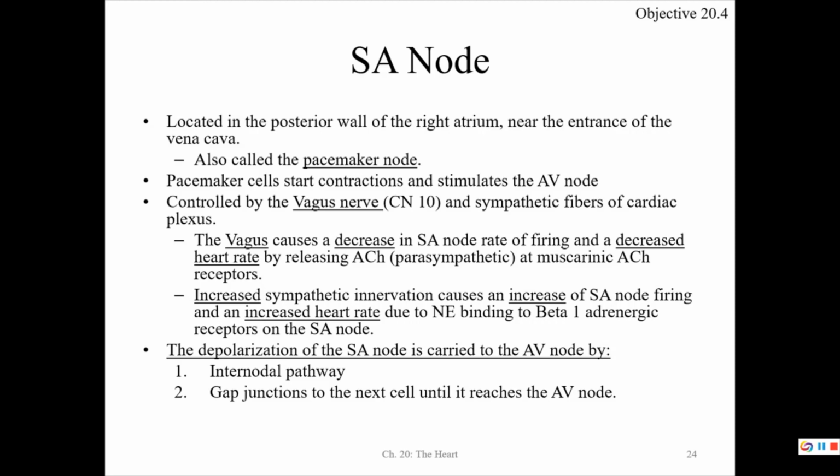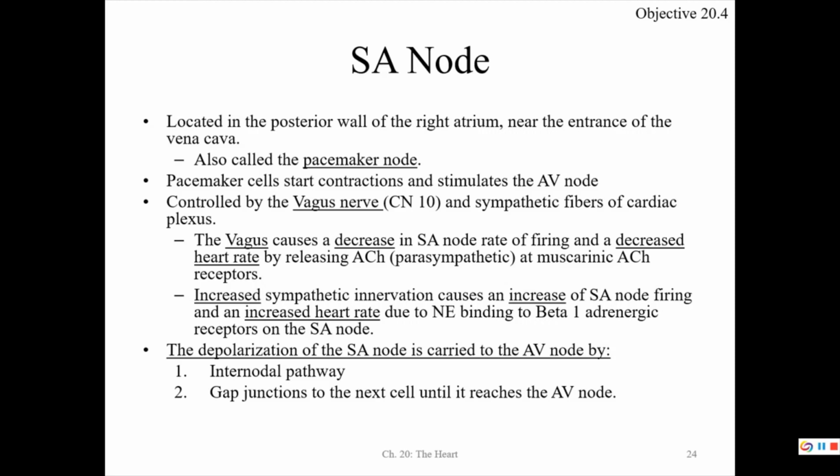The vagus nerve, cranial nerve number 10, has parasympathetic fibers, and then there is the sympathetic cardiovascular plexus. Now, when the vagus attaches to the SA node, it's releasing ACh, and it's binding to muscarinic acetylcholine receptors. Remember, muscarinic acetylcholine receptors are parasympathetic effector cell receptors.